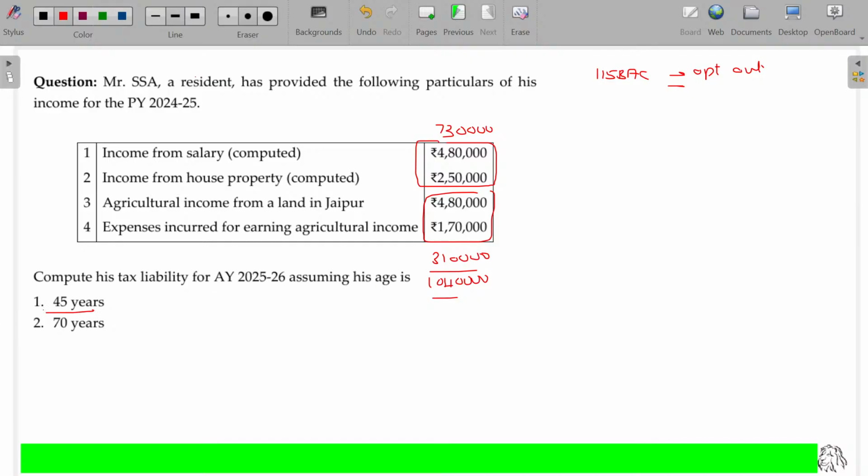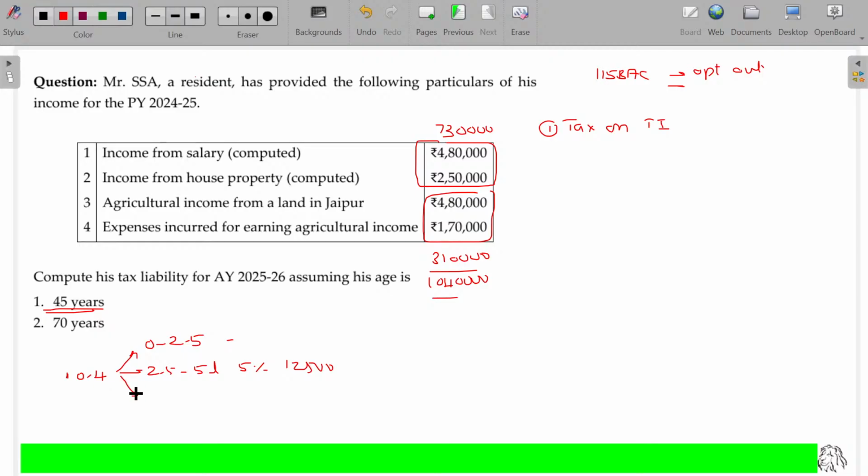If the age is 45 years, first, tax on total income, agri and non-agri put together, 10.4 lakhs. Up to 2.5 lakhs, nil rate. 2.5 to 5 lakhs, 5%.